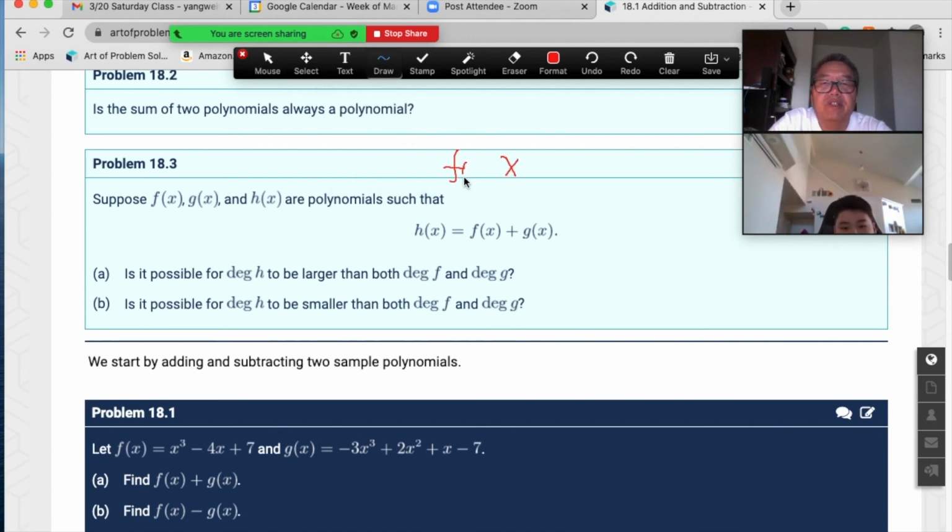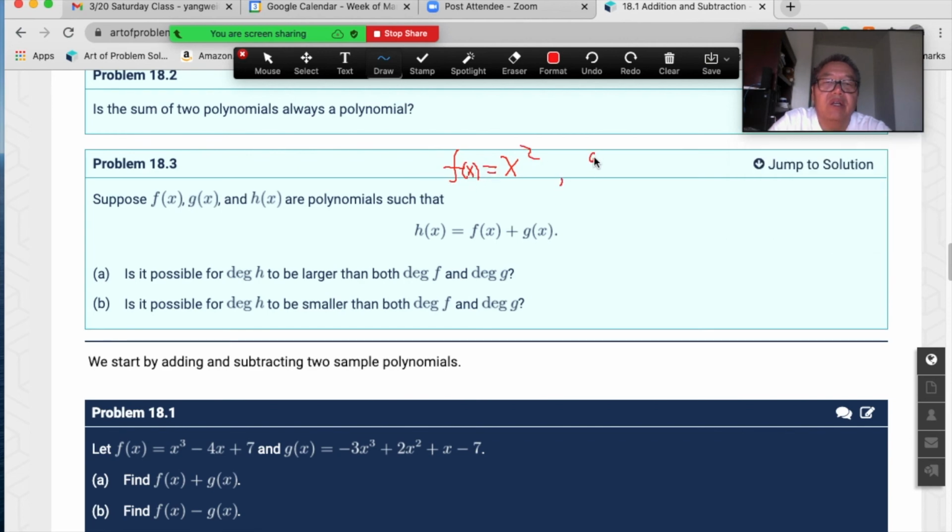Suppose f(x) equals x squared and g(x) equals x. Then h(x) will equal f(x) plus g(x), which equals x squared plus x. So what's the degree of h(x)?